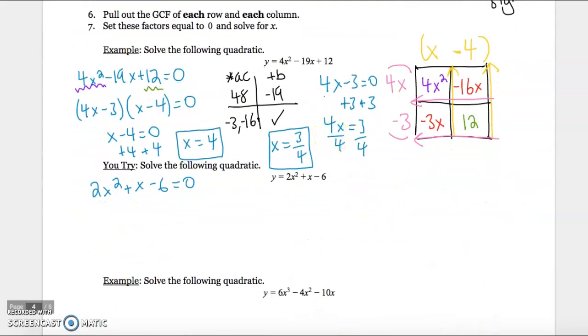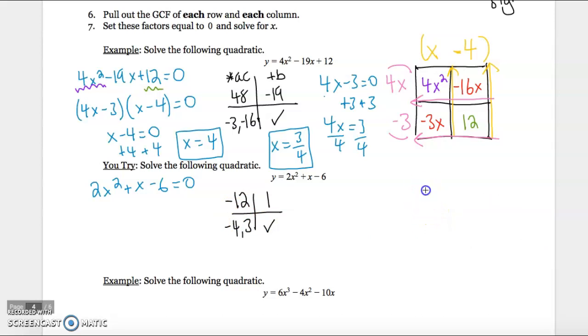Okay, so I'm going to go ahead and make my table. I have to multiply AC together, so negative 6 times 2 gives me, excuse me, negative 12, right? And my B value is 1. So what multiplies to negative 12 and adds to 1? Well, that would be a negative 4 and a positive 3.